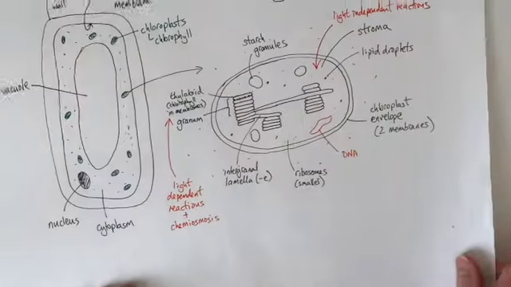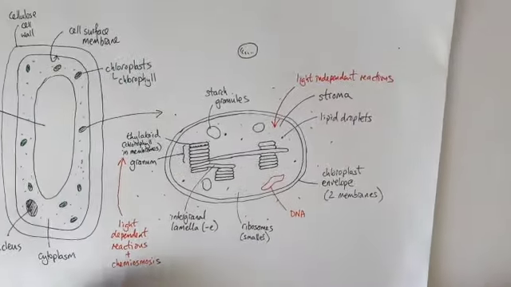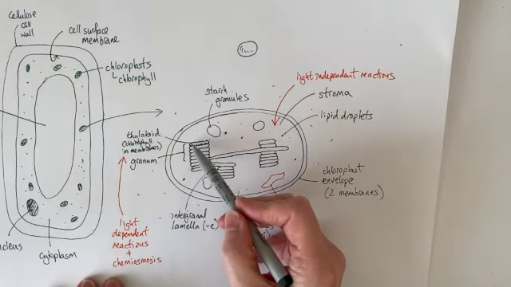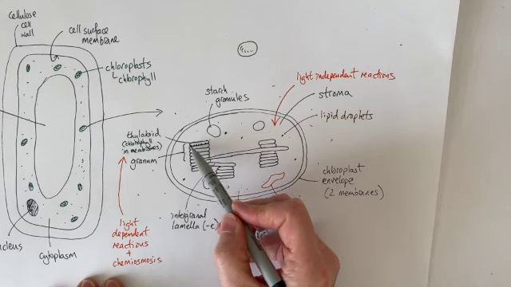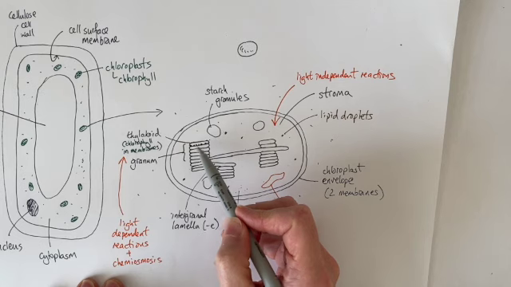And we're going to start off by looking at what we just had a look at, and that was the structure of, here we are, chloroplast, and here we've got the thylakoid. So there is one thylakoid, there's another thylakoid making up a granum.